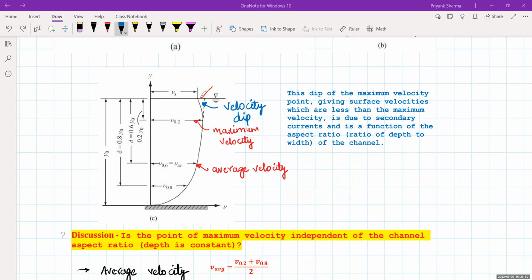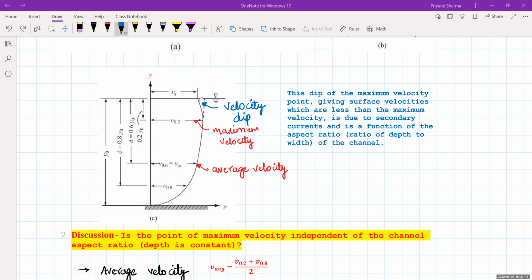Ideally the maximum velocity would be at the surface, but actually it is not, due to some factors. The first factor I mentioned is the interaction between two different fluids, that is, you have a liquid-air interface, which also offers some resistance, due to the density change.